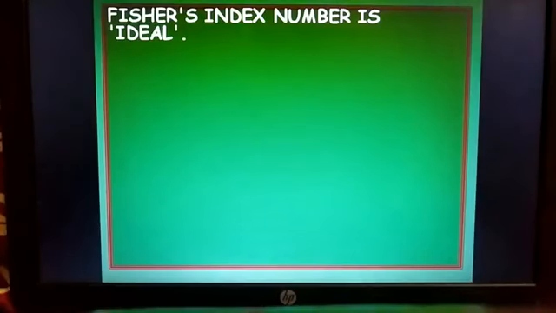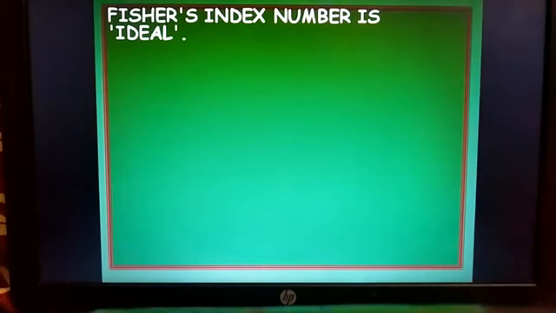Sometimes it will be just referred to as Fisher's index number, sometimes as Fisher's ideal index number. Then why it is ideal among all available index numbers, we have to think.